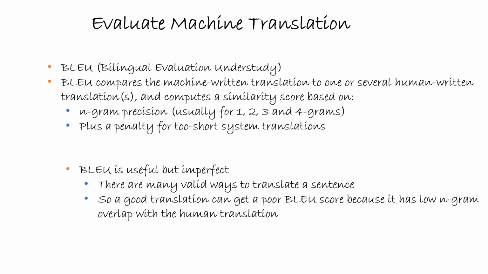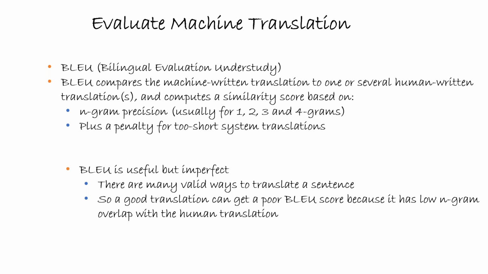Okay. So what are the evaluation criteria for neural machine translation? The first and foremost thing that comes in is bilingual evaluation understudy, right? BLEU compares the machine-written translation to one or several human-written translations and computes a similarity score based on n-gram precision, usually for 1, 2, 3, and 4-grams, plus a penalty for too-short system translations. But BLEU is not perfect.